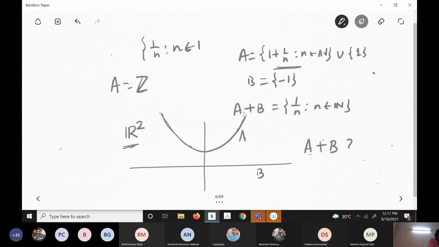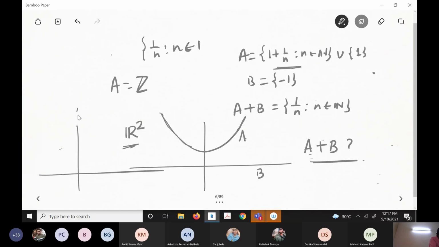Look, this is closed. Basically it is two-dimensional. If you take a one-dimensional figure, then it should be closed. I am taking one-dimensional. So A, B are closed, and what will A plus B be? Think about it.